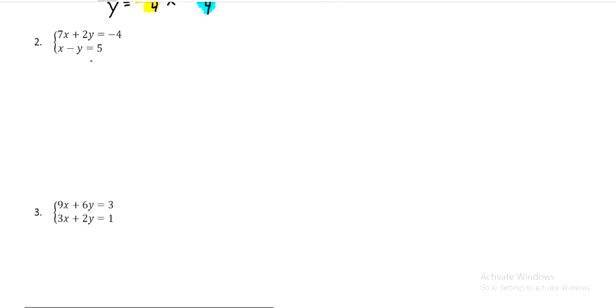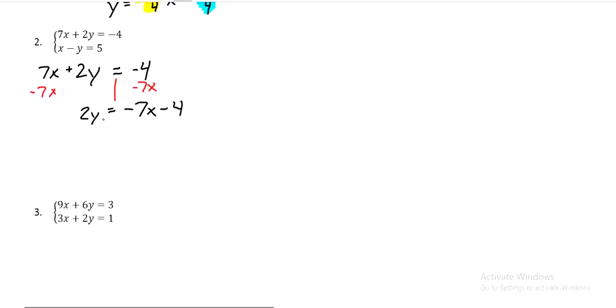Second one down, we're going to do the same approach. We're going to check out the slope and the y-intercept. We have to do it for both equations here. Let's do the top equation first. We have 7x plus 2y equals negative 4. We have to subtract 7x from both sides first. So we'll have 2y equals negative 7x minus 4.